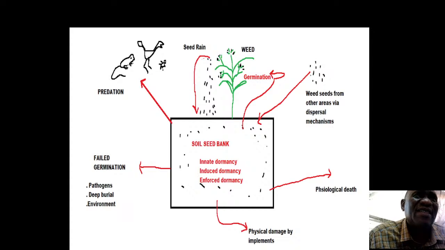So here I've got a schematic representation of what can happen to weed seeds. Let us start with the green plant, that weed. If it flowers, it can produce seeds, and they are dropped to the ground as seed rain.